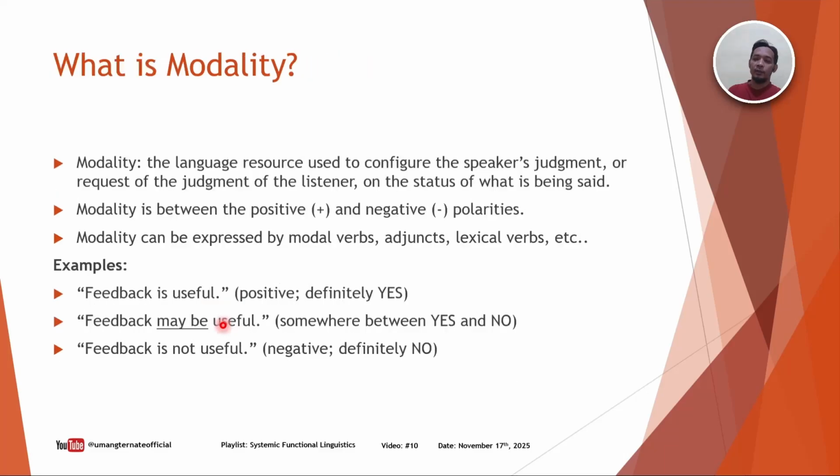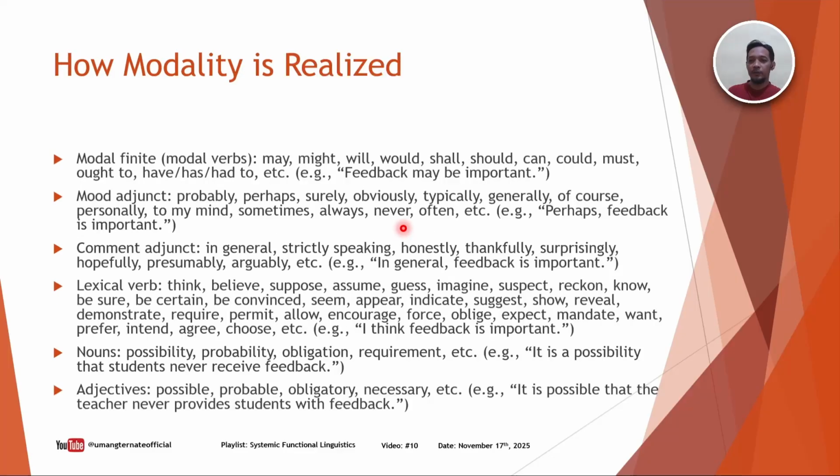Here it is written that modality can be expressed by various language resources, or we can call them items. And these are some words in each item by which modality or the modal meaning can be realized.